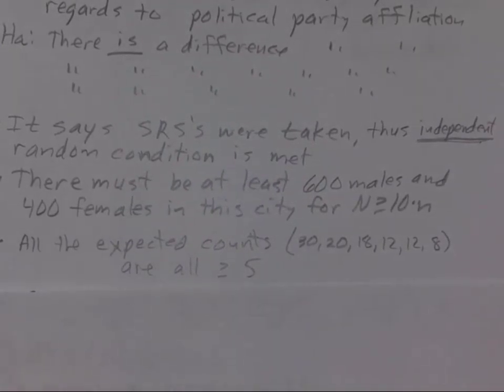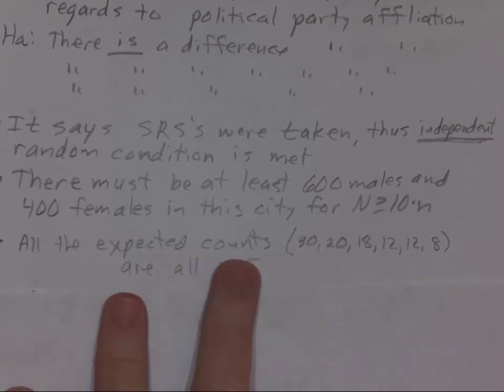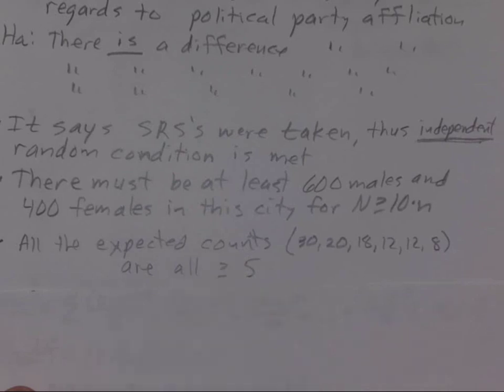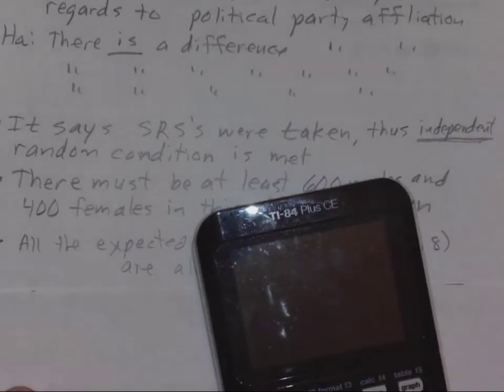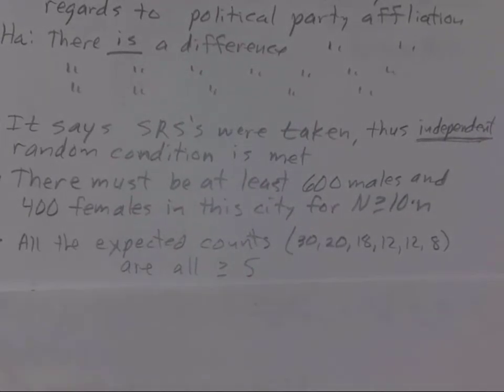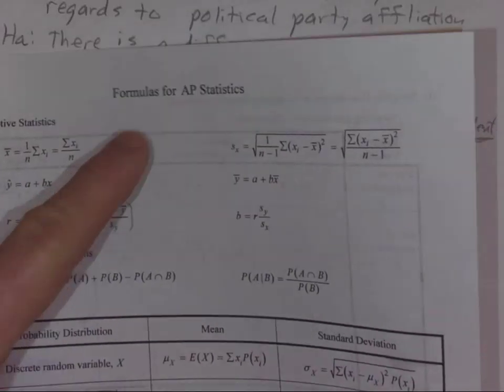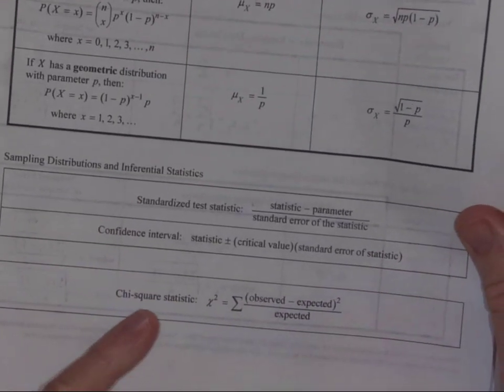Now we are going to do our mechanics, and I'm going to show you how to do this by hand. We've got to list our chi-squared test statistic, our degrees of freedom, and our p-value, those 3 numbers. And yes, our calculator has a shortcut, but you have to understand how to do this by hand. So we're going to calculate our chi-squared test statistic. If you go on your formula sheet, at the bottom of the first page, there it is.